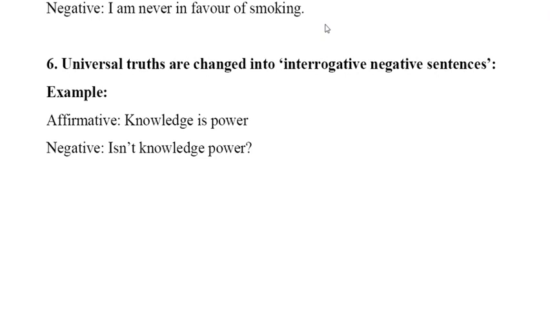Number 6: universal truths are changed into interrogative negative sentences. For example, knowledge is power. Its negative will be: isn't knowledge power?